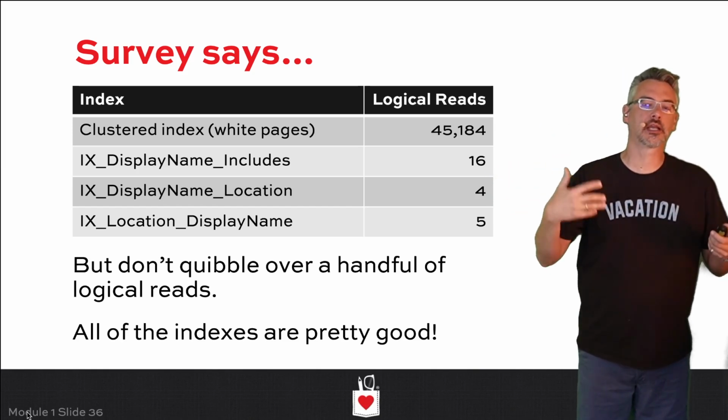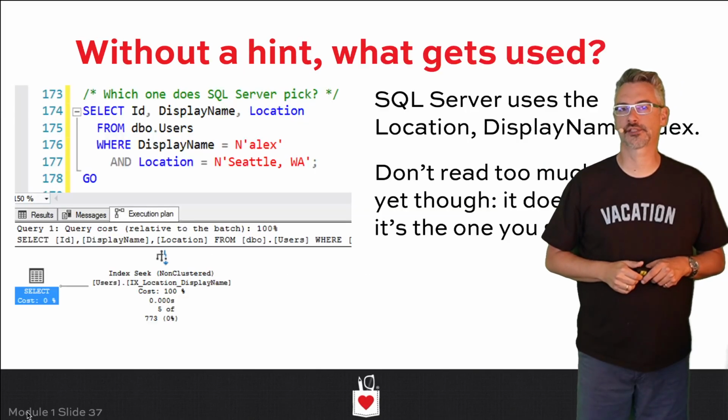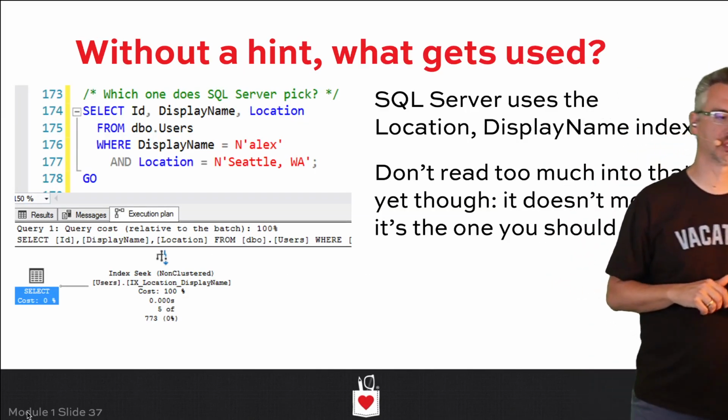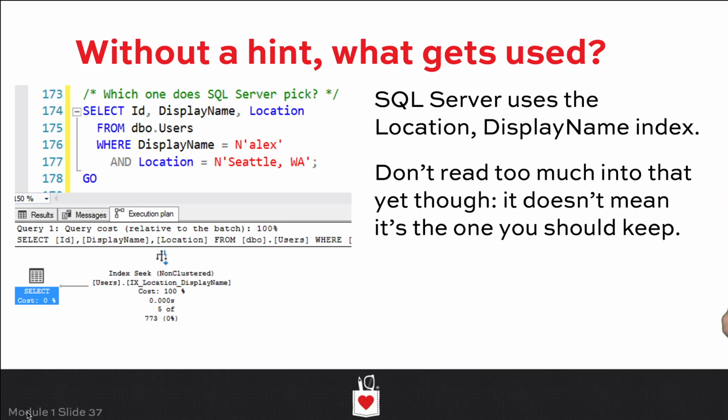It's tempting to take the handcuffs off of SQL Server and let it choose which index it's going to use, and it's tempting to call that one the best. In this case, SQL Server chooses the index on location and display name, but that's not the best.